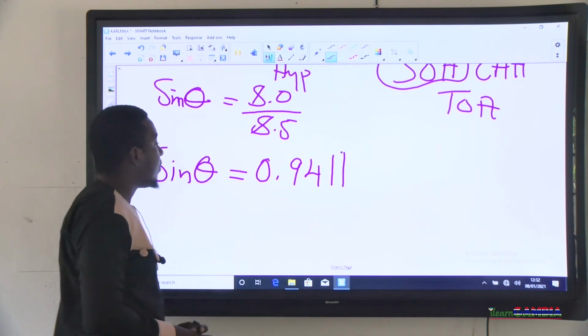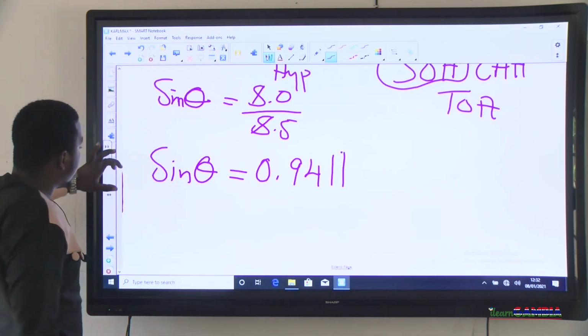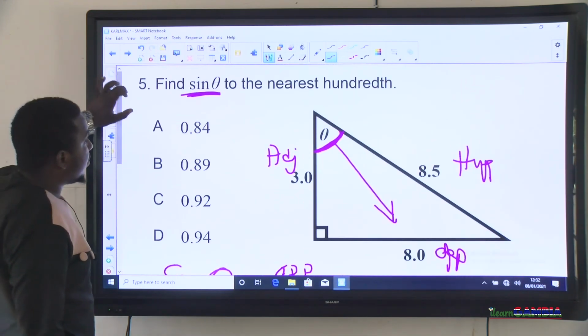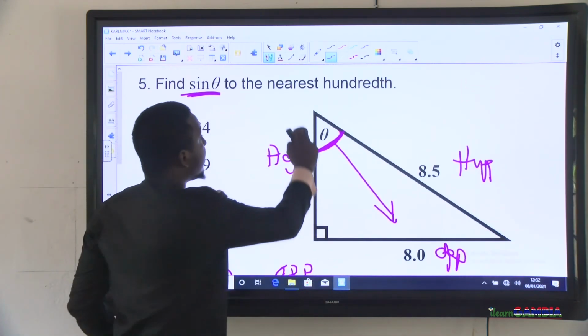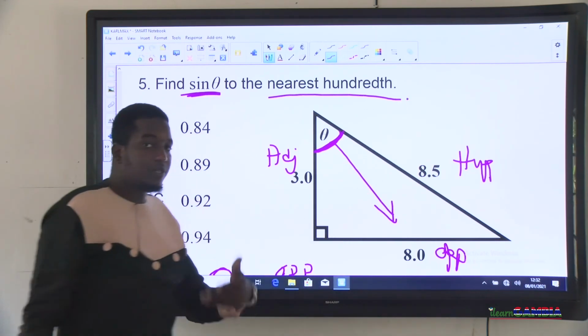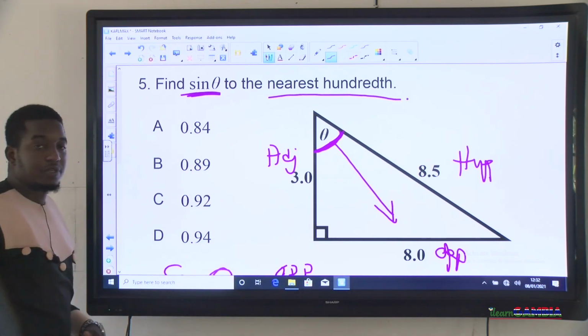8.0 divided by 8.5 gives us 0.9411. But we are told in the question that our answer should be to the nearest hundredth, which means we should have 2 digits after the decimal point.